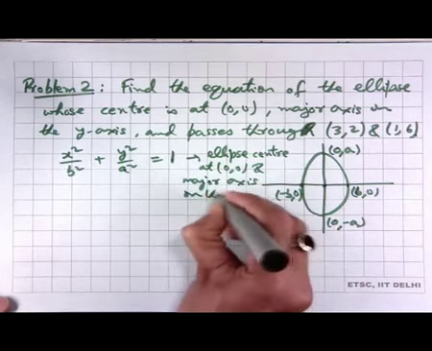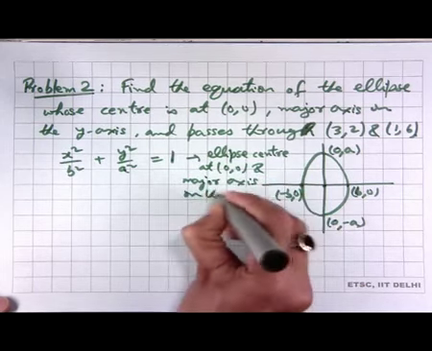So, 1/b² + 36/a² = 1, this is equation 2. So, from equations 1 and 2 we can find the values of a and b.